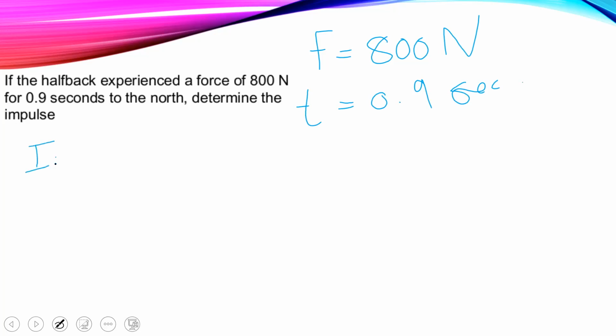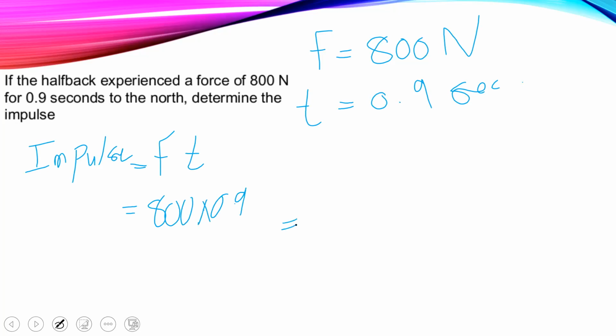What is the impulse here? Force times time, so it's 800 times 0.9. So 72 with the zeros, it is 720.